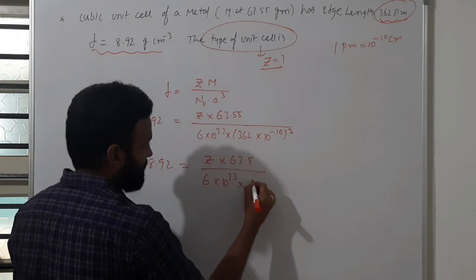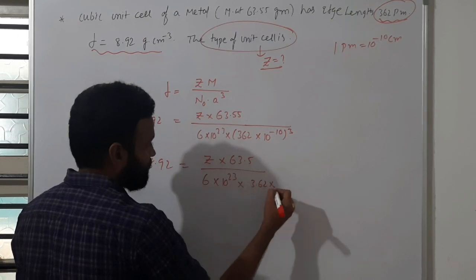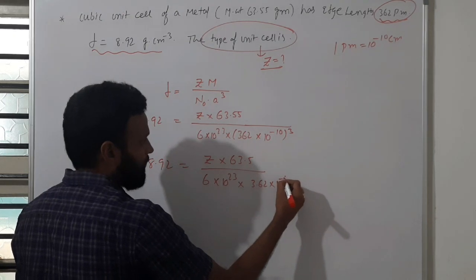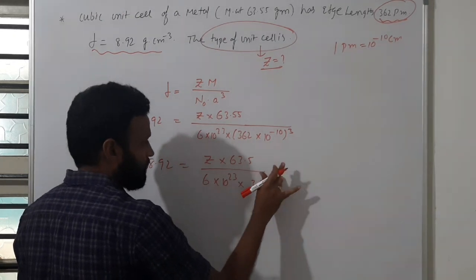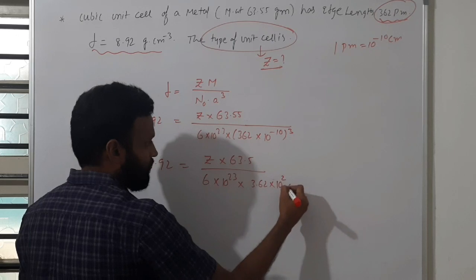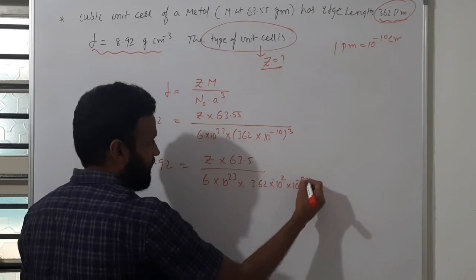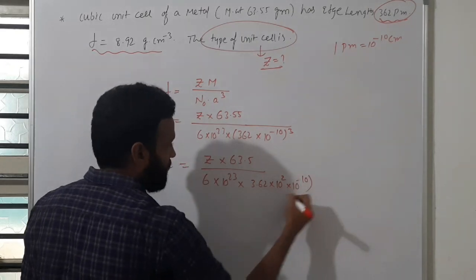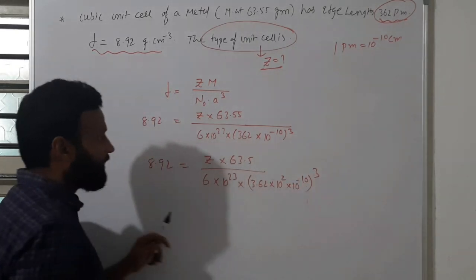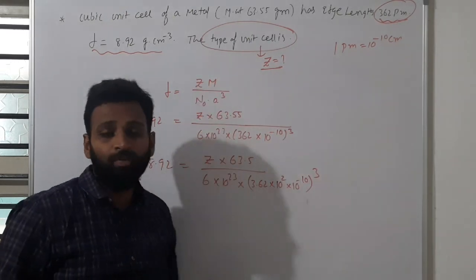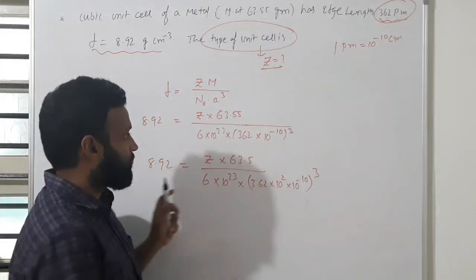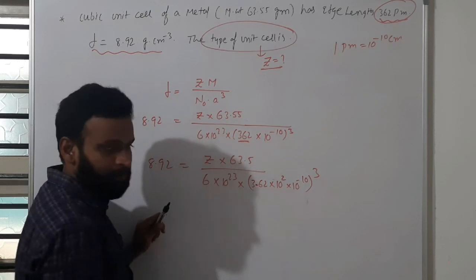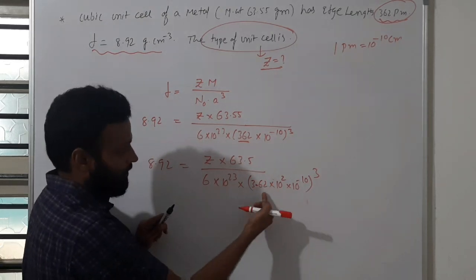This I will write as 3.62 into 10 power plus 2, into 10 power minus 10, whole cube. 362 whole cube would be difficult for me, so that's why I converted 362 as 3.62 into 10 square.